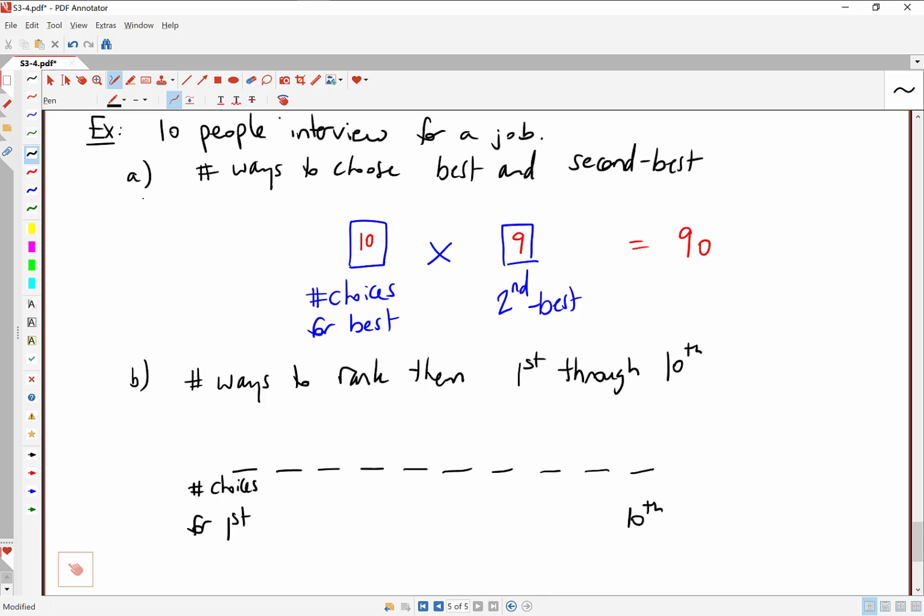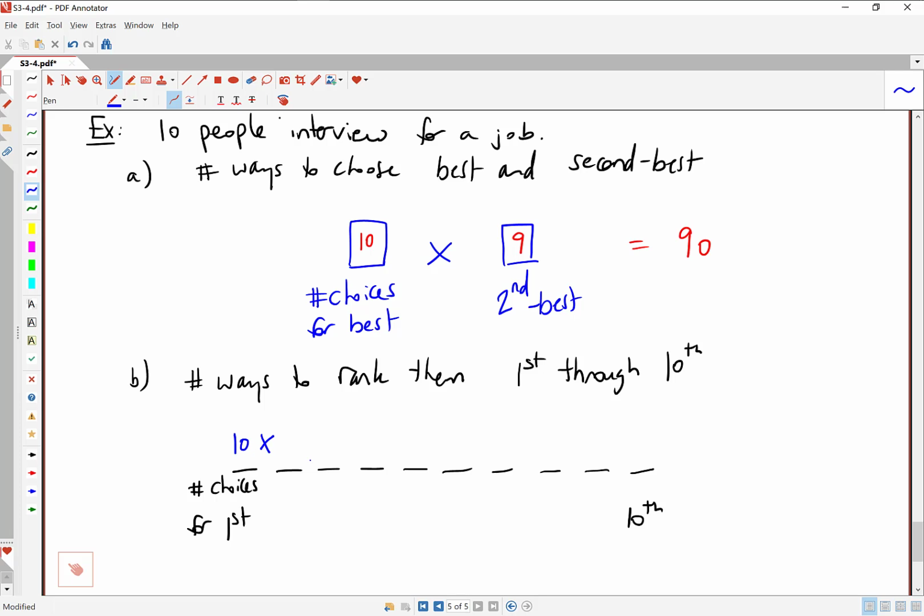So probably better to do something more like option A, where you maybe just pick your best and second best candidates. So let's figure out exactly what this number looks like. If we've got 10 people who interview, in theory, there would be 10 choices for who would be best.